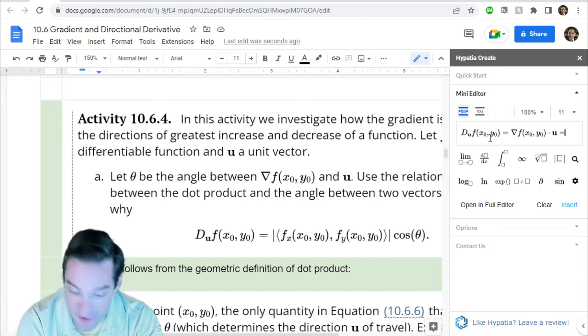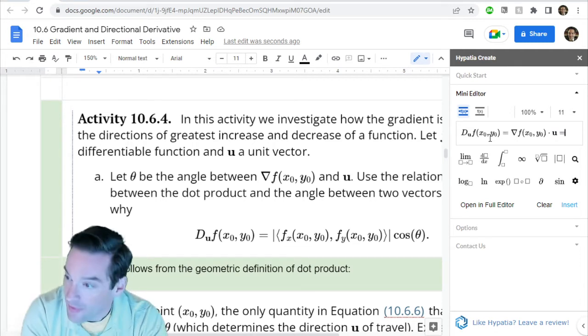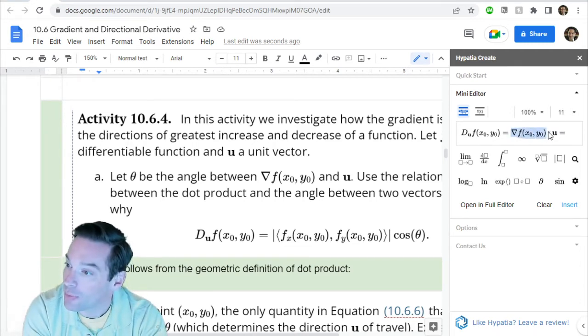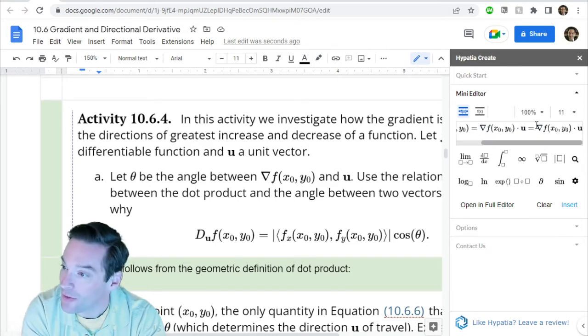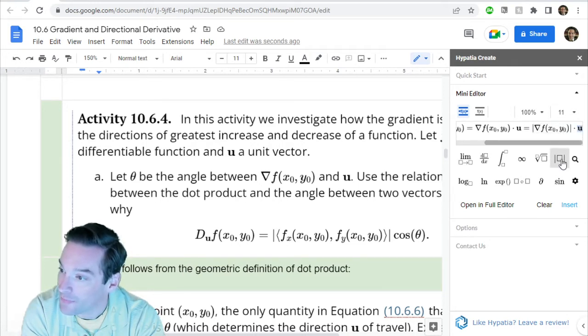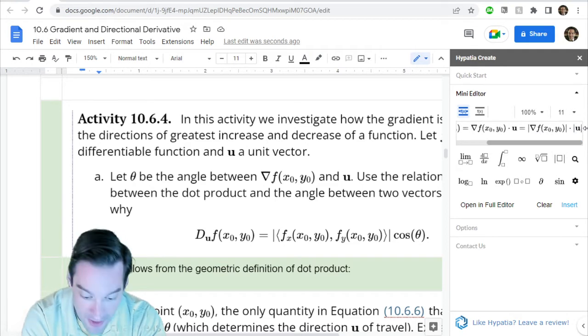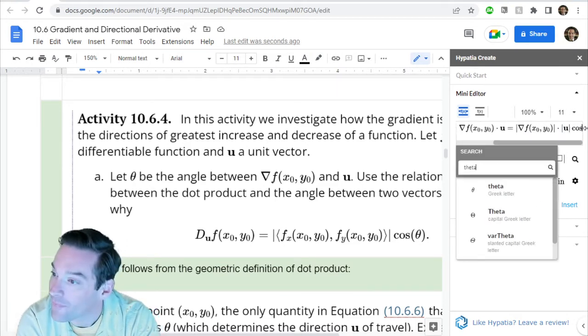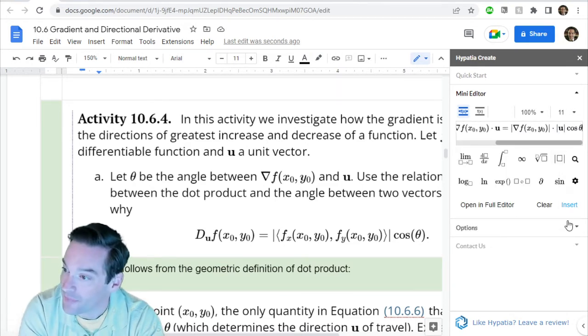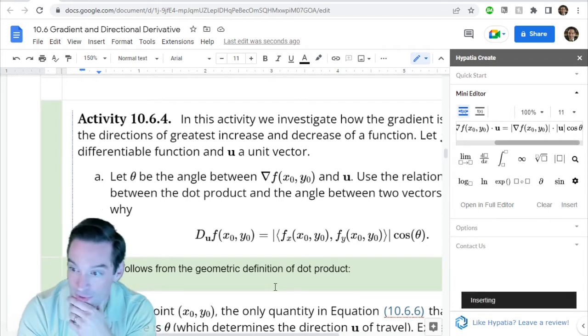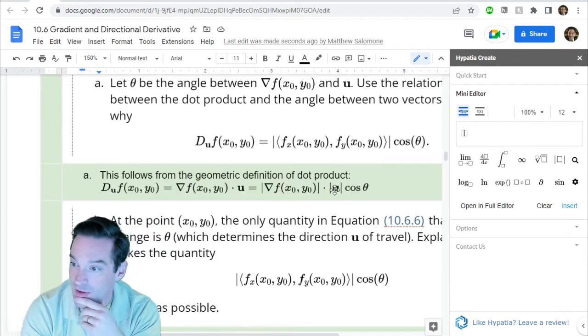And using the geometric definition, that's equal to the product of the magnitudes of these two multiplied by the cosine of the angle. So I'll put a magnitude around the gradient, and a magnitude around my unit vector, and then stick a cosine theta on the end of it. And so we're up to here in the process.